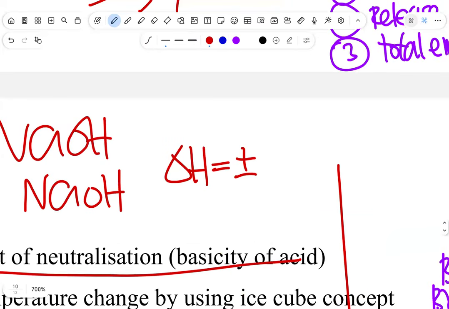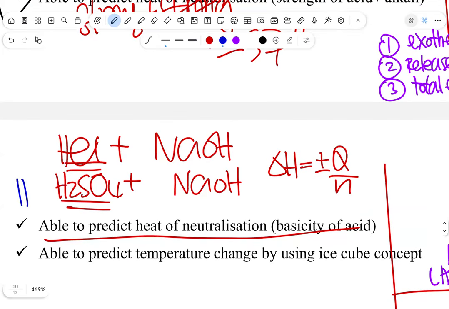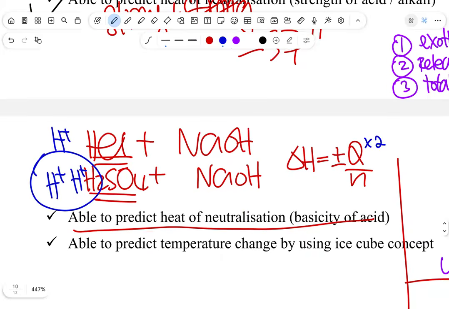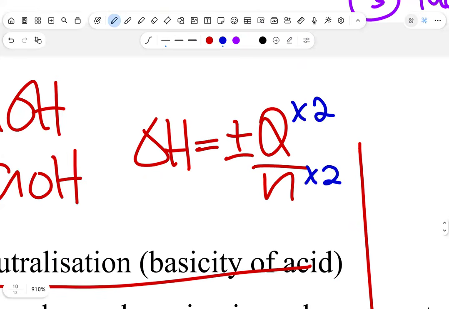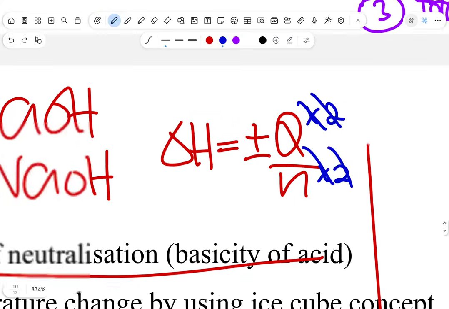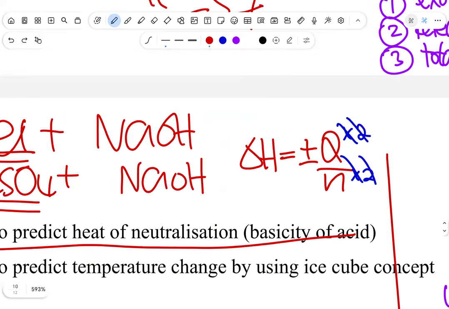When we use a diprotic acid, the H plus is double, so the total heat should double up. But at the same time, with more H plus reacting with more OH minus, you produce double the water. So when the total heat doubles and the mole doubles, it cancels out, and the delta H is exactly the same. The heat of neutralization is the same, even though you use a diprotic or monoprotic acid. We all learned this before.